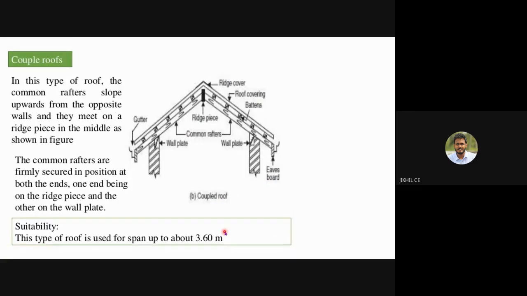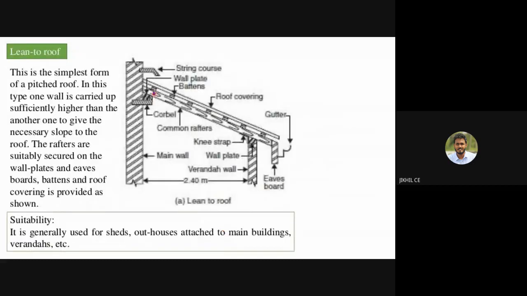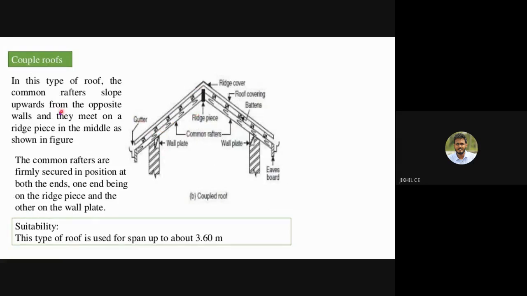Then we have the coupled roof. In comparison with the previous one, having only one-way slope, here we have a two-way slope. Here also the rafter is the main load carrying member. Above the rafter you have the battens and the roof covering. The common rafters slope upwards from the opposite walls, and they meet at a ridge piece. Both the rafters join at the central portion called the ridge piece, as shown in the figure.